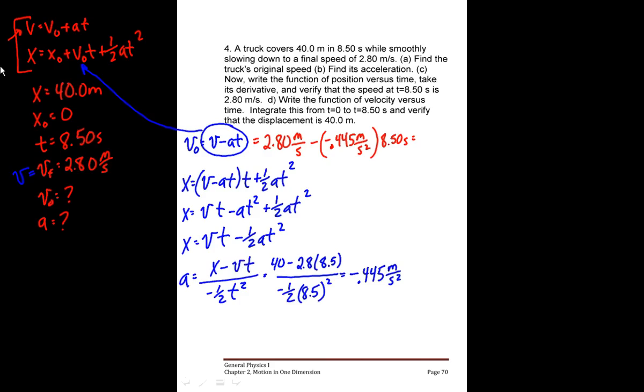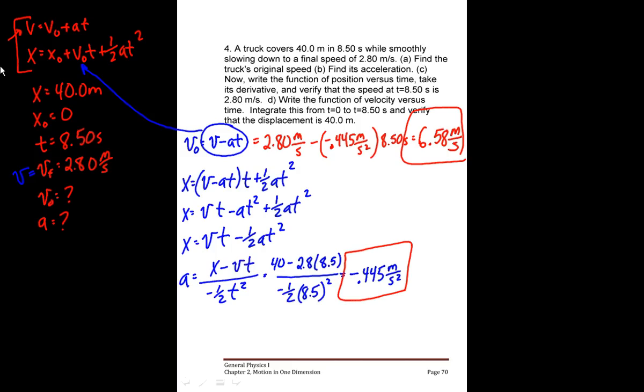And that gives me my V naught, and that comes out to be 6.58 meters per second. So that's parts A and B, the acceleration and the initial speed.